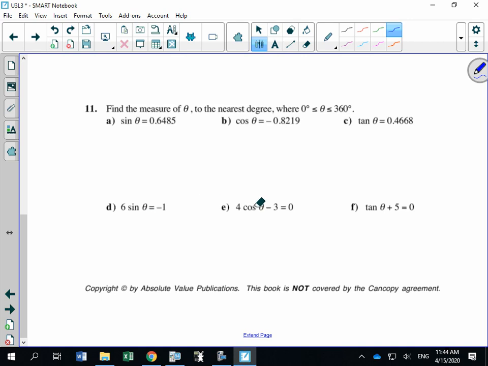And what you have to do is you have to isolate your trig ratio. So for D, it's 6 times the sine of theta because they're next to each other. That operation would be multiplication. So the opposite of multiplying by 6 would be dividing both sides by 6. So sine of theta is equal to negative 1 over 6.